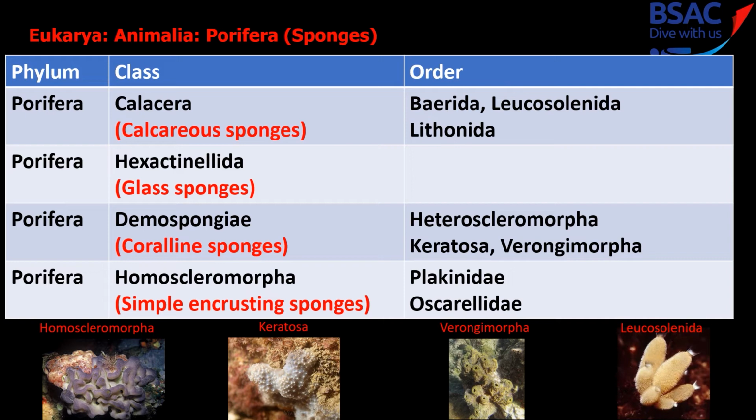Calcarea are characterized by small modular structures made out of calcium carbonate of the form calcite or aragonite. They are small, measuring less than 10 centimeters in height and drab in color.